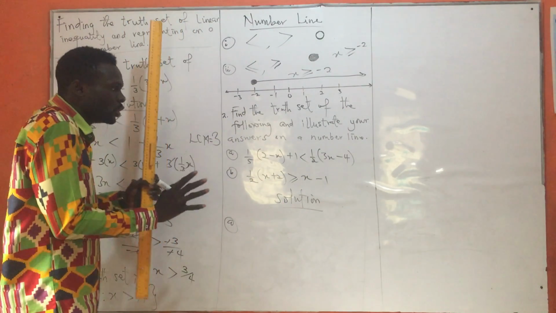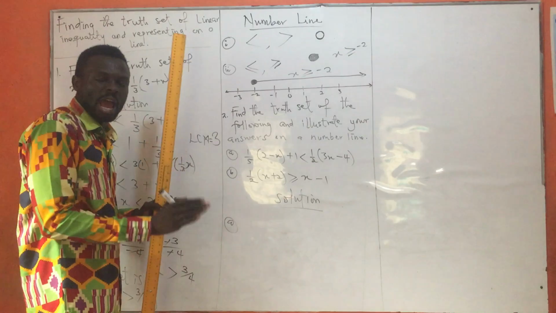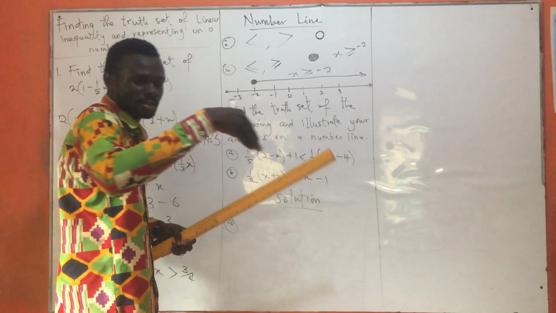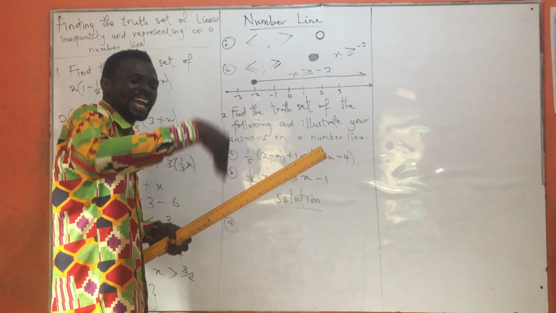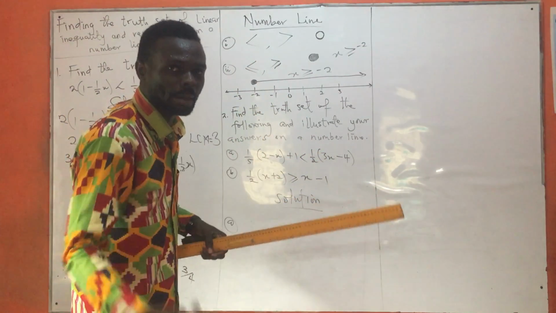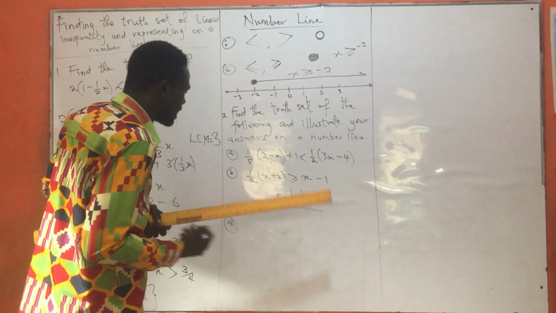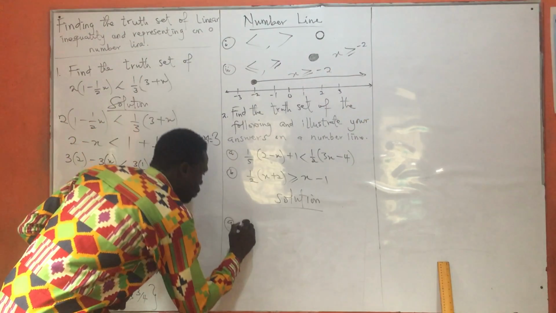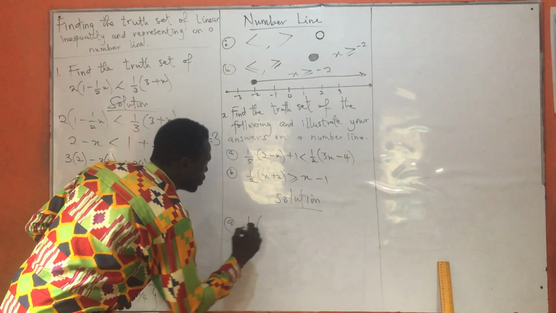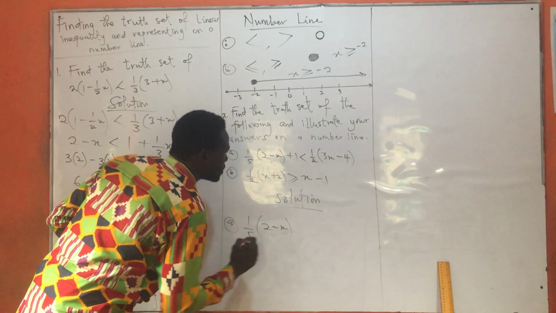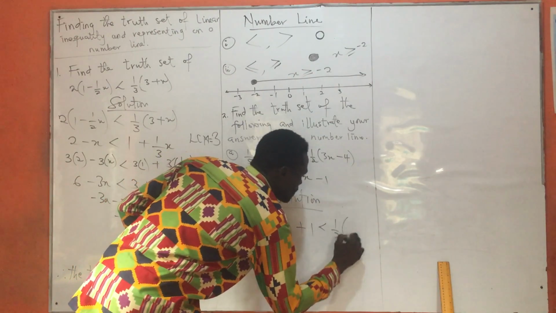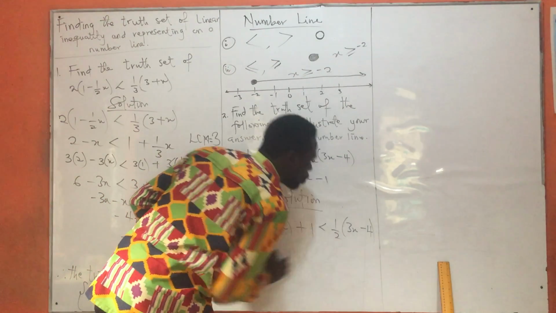First of all, you know how to find the truth set, and before you find it, you have to know the value of x. Then you will represent it on the number line. So let's take the question again: 1/5 bracket of 2 minus x plus 1 less than half bracket of 3x minus 4.